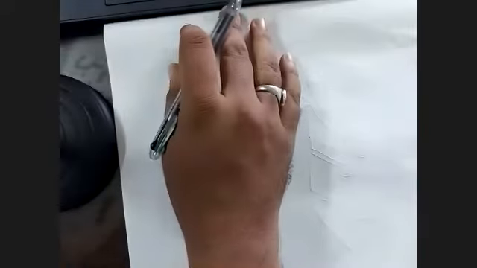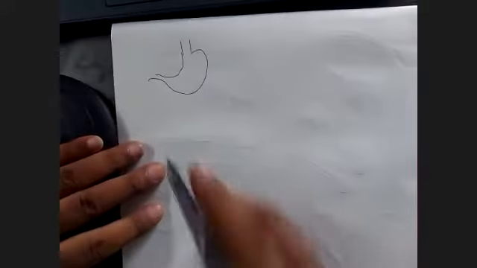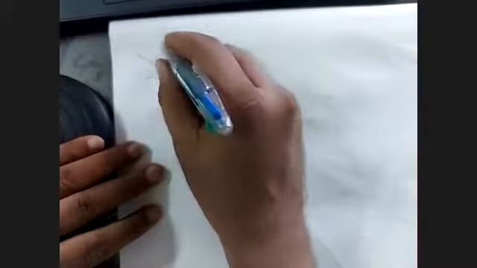Now talking a little bit about each peritoneum. The stomach is like this. So here, coming from the liver is the lesser omentum. It covers the stomach. Again, the two layers are there. The two layers will come like this, cover the stomach, and unite here.